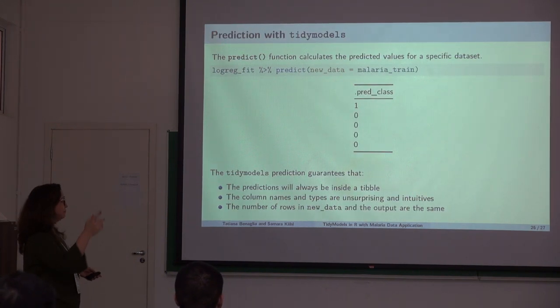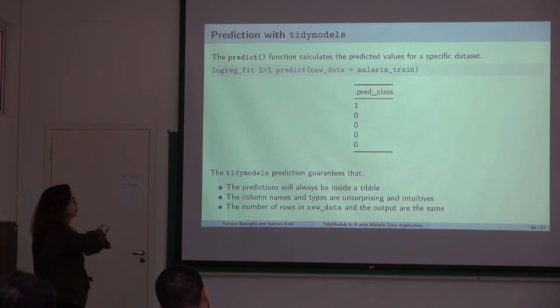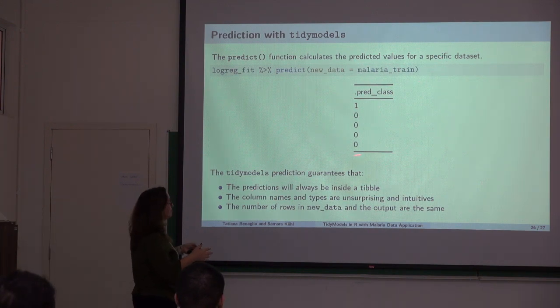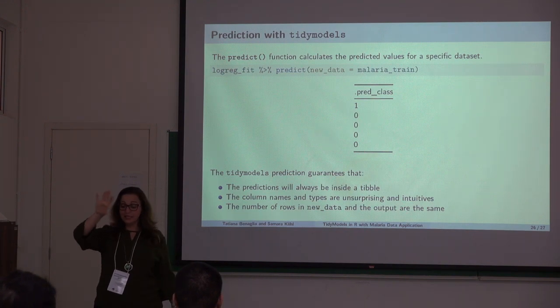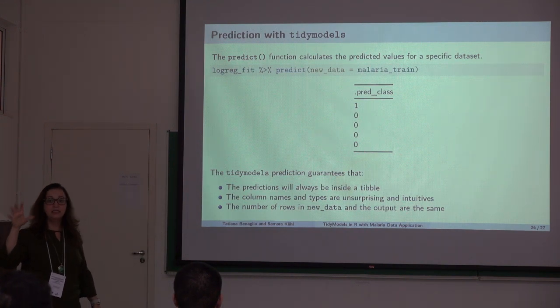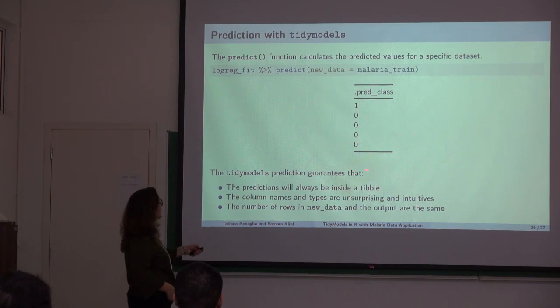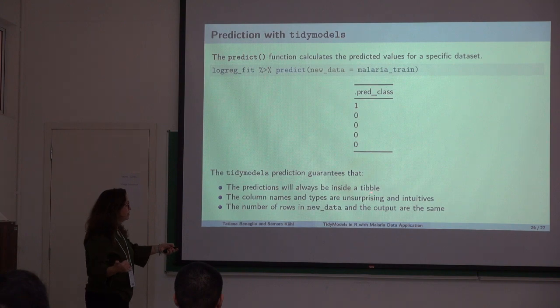And then, after I fit our model, I need to predict the results, right? So the predict function calculates the predicted value for a specific set, like the training set, and the output is always a table or a data frame. The tidymodels prediction guarantees that the prediction will always be a table.